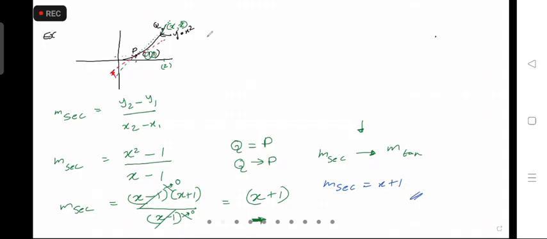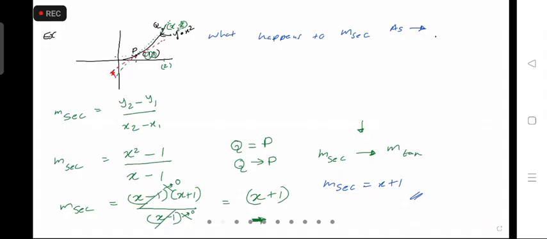Now the problem is, what happens to m secant as the point Q becomes very near to P?